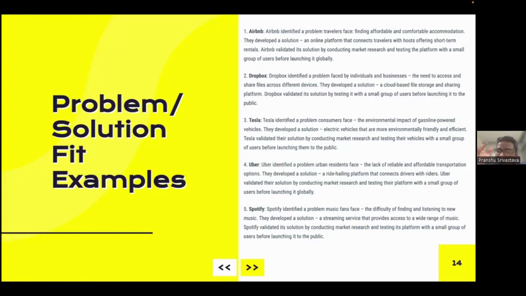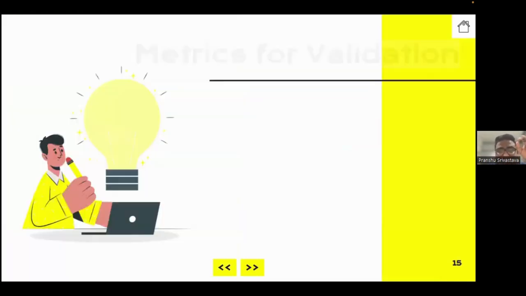No, the simple problem statement is the lack of reliable and affordable transportation options. That's it. Spotify also has a very small problem statement: the difficulty of finding and listening to new music. The problem statement is not music, it's new music. So the difficulty of finding and listening. Again, we have to keep our problem statements short, sharp, and defined. That is the key.